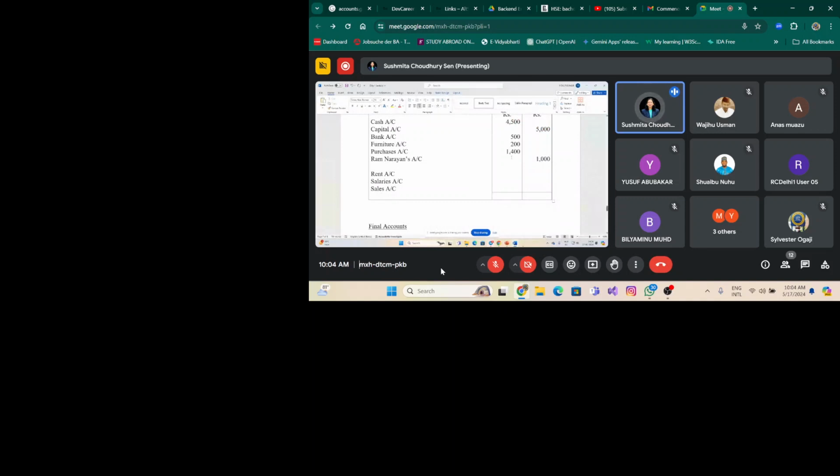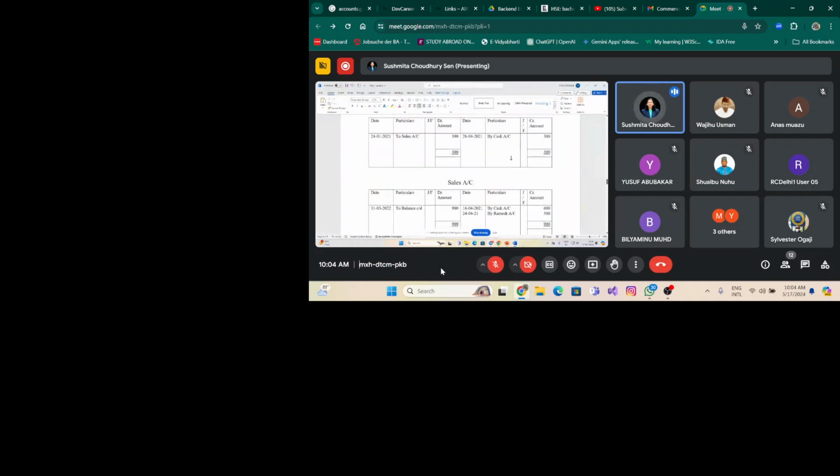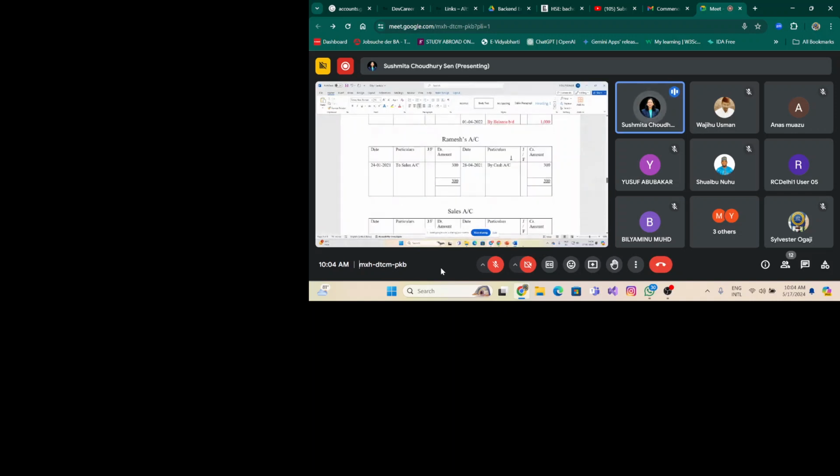Then Ramesh's account, there is no balance because Ramesh has already paid. So no need to mention if there is no closing or opening balance. Ramesh has paid 300, so accounts are closed. Debit, credit are equal. Balances are left, so nothing to write in Ramesh's account.